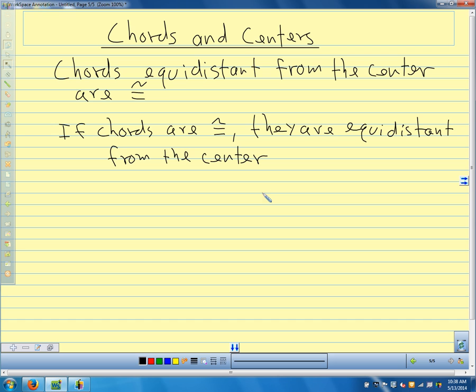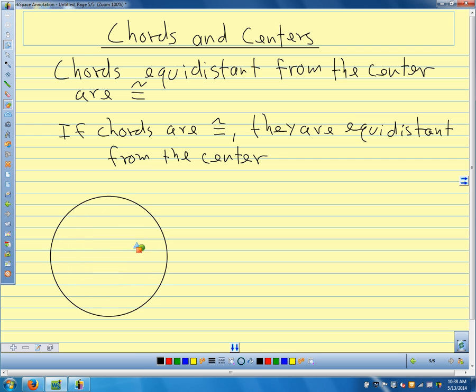And before we draw our picture, equidistant, what do we mean by equidistant? Same distance. Equidistant means same distance. So our picture for this, we have two chords, and they're the same distance from the center.